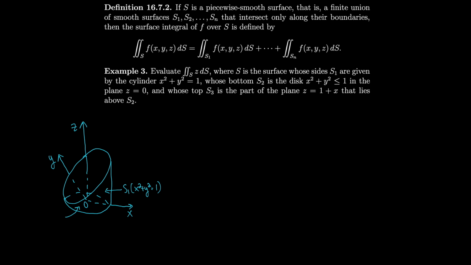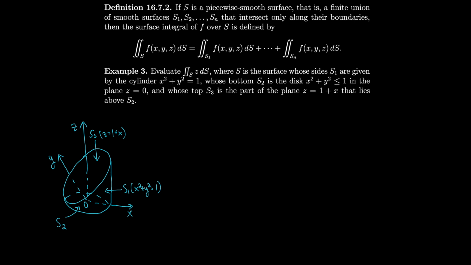So this is S2. And then we have S3 is the plane slicing through at the top. So that's z equals 1 plus x. Okay, so that means we need to compute these 3 different surface integrals and then add them all up.